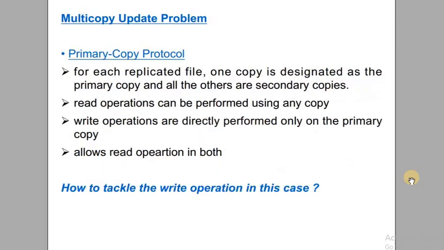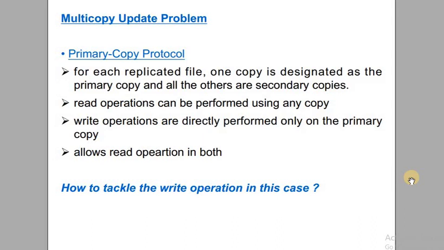Okay, so then we come to the primary copy protocol. Here, for each replicated file, one copy is designated as the primary copy and all the others are secondary copies. It's kind of like a master-slave concept where we rely upon the master for any changes. Read operations can be performed using any copy, so that's totally fine, but write operations are directly performed only on the primary copy.